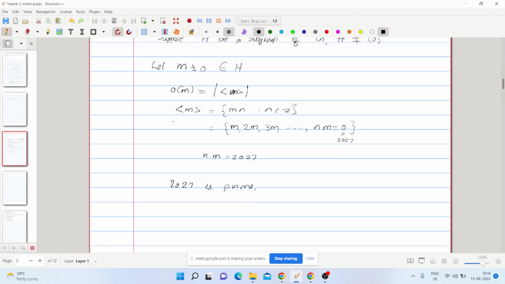So what are the possible divisors of 2027? 1 and 2027. Here we get nm equal to 2027. Since m is a positive integer, n should be equal to 2027, because otherwise we cannot write 2027 as the product of n and m, right?